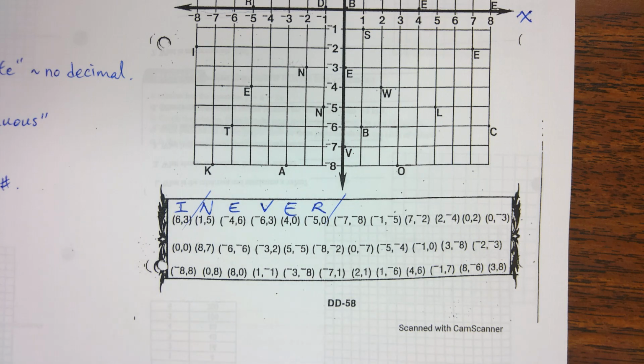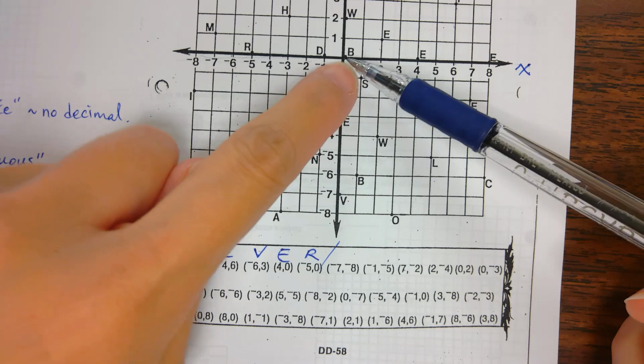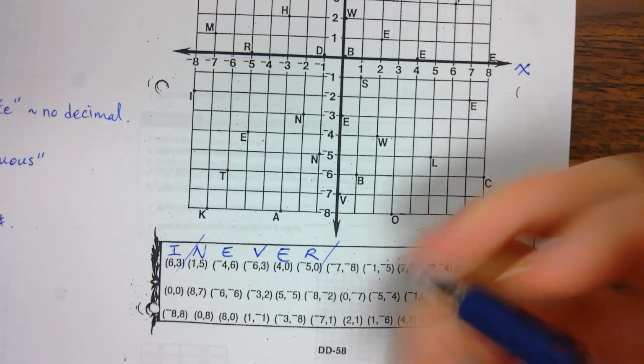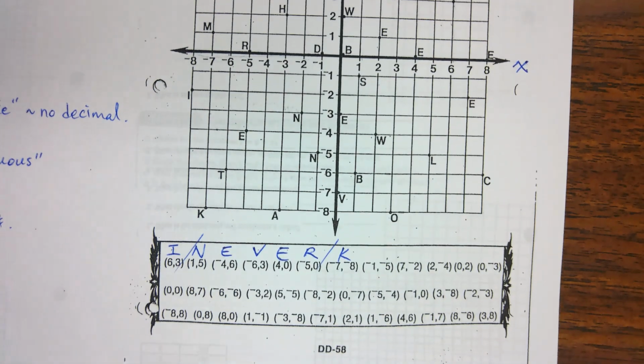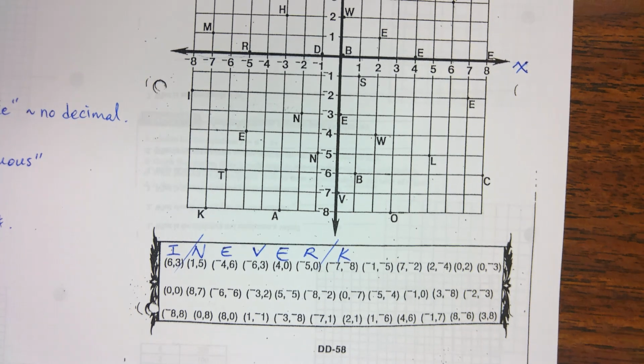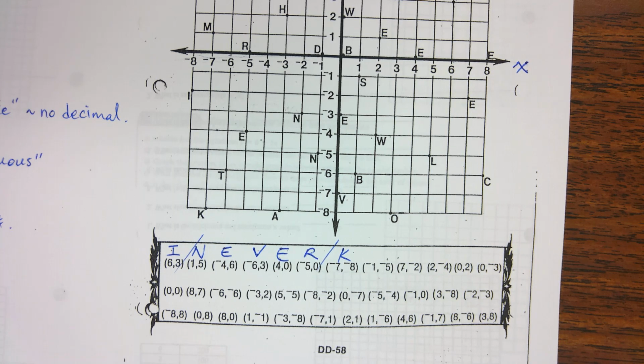I never knew what. -7, -8. Okay. Try it. Take 2 minutes. I never knew either.